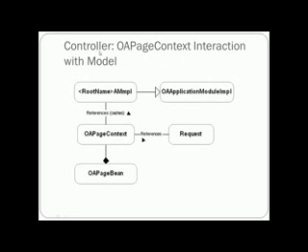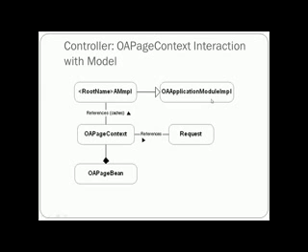So we saw the model component or model interaction. Here we are seeing how exactly the model and the controller interact. I'll start with AMImpl, which holds the application module impl.